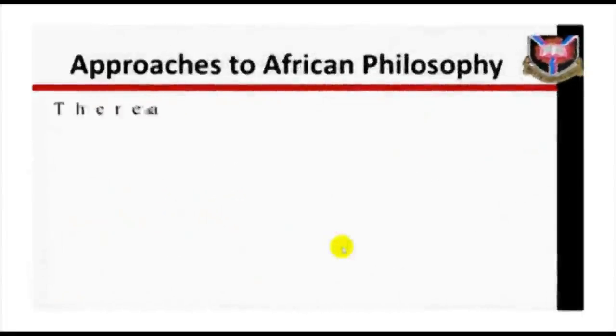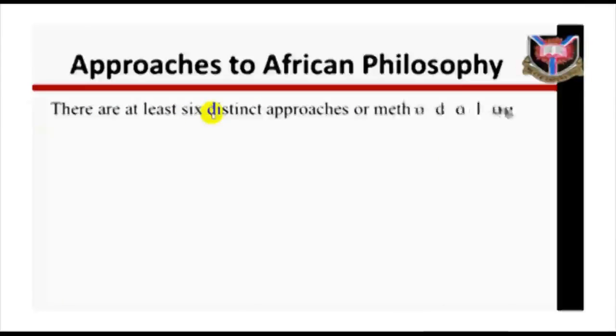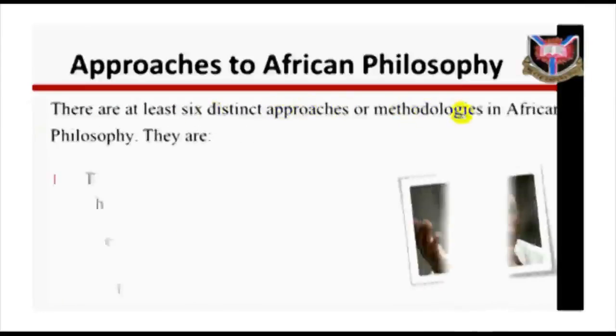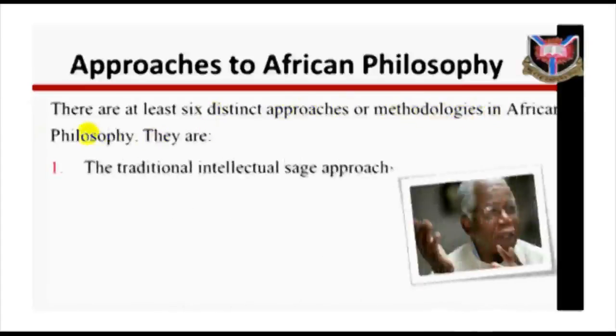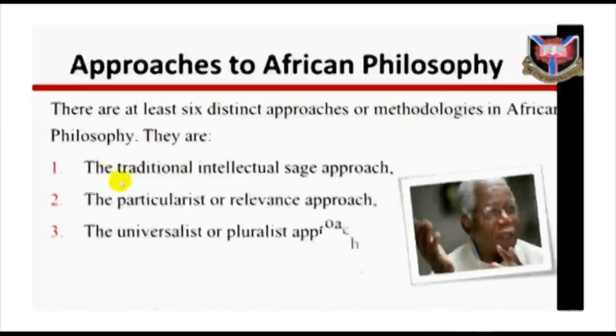Approaches to African philosophy. There are at least 6 distinct approaches or methodologies in African philosophy. So they are: 1. The traditional intellectual search approach. 2. The particularist or relevance approach. 3.